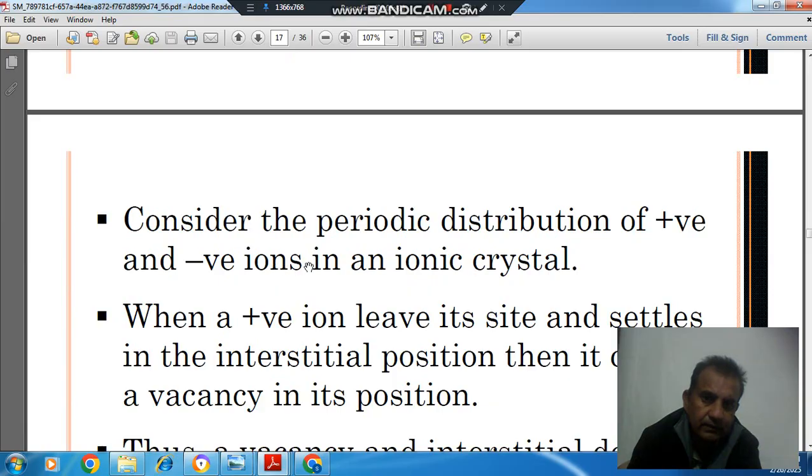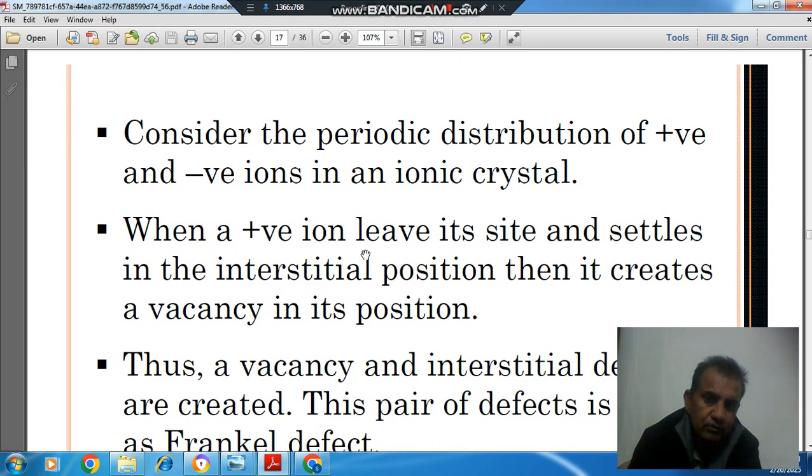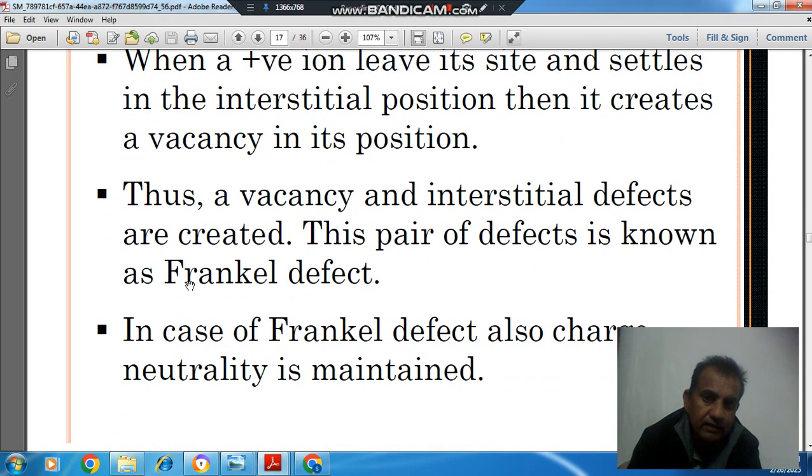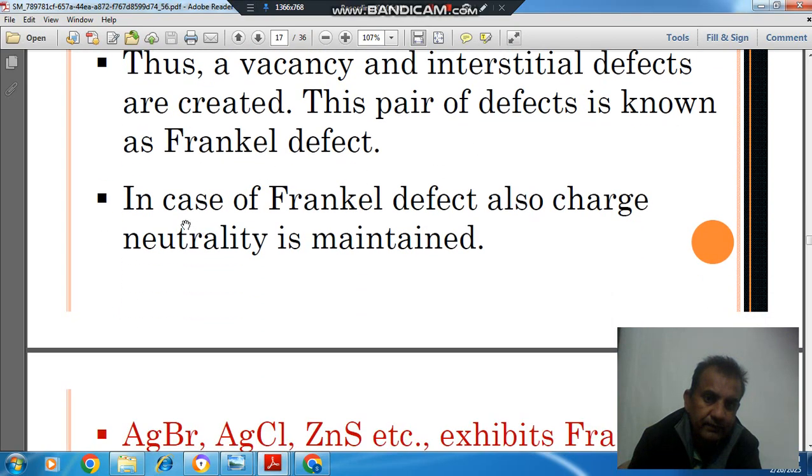Consider the periodic distribution of positive and negative ions in an ionic crystal. When a positive ion leaves its site and settles in an interstitial position, then it creates a vacancy in its position. Thus, a vacancy and interstitial defect are created. This pair of defect is known as Frenkel defect.